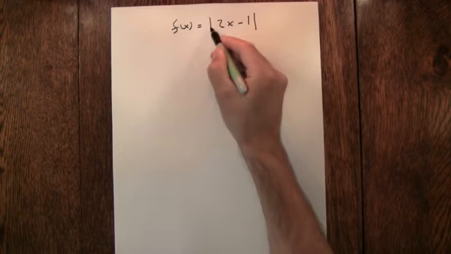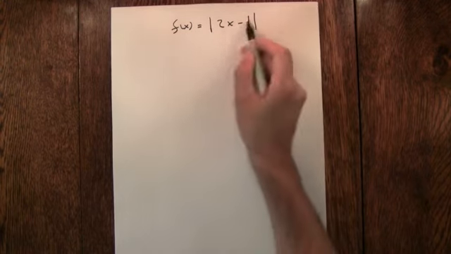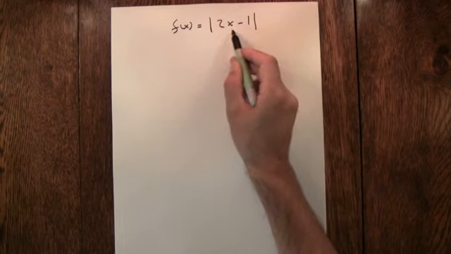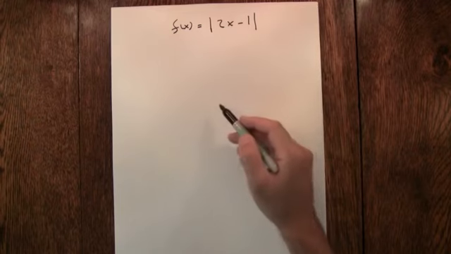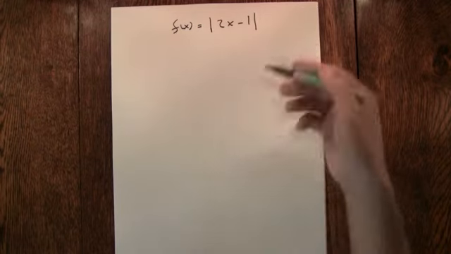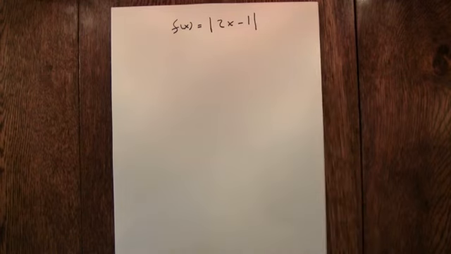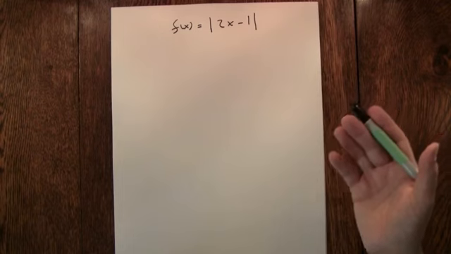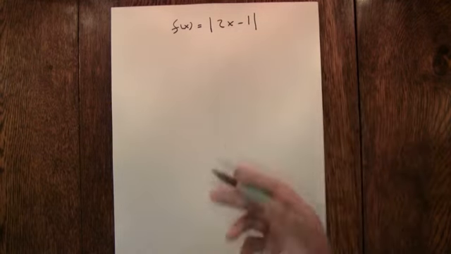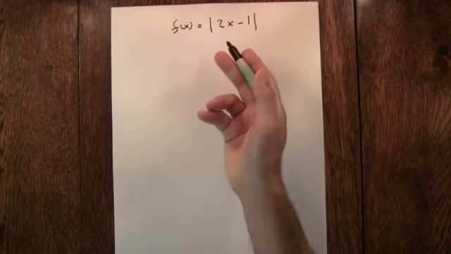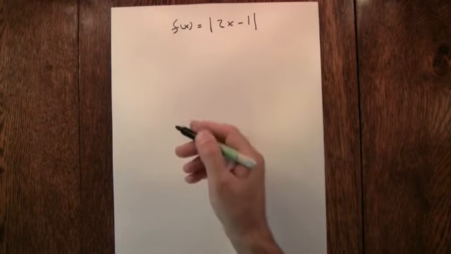Now, for those of you that don't know, and I will cover this at some point, absolute value symbols mean that inside the symbols you could be positive or you could be negative. But once you come out of that symbol, then you have to become positive. When you're on the inside, you could be positive or negative. That's the property we're going to use to graph this function.